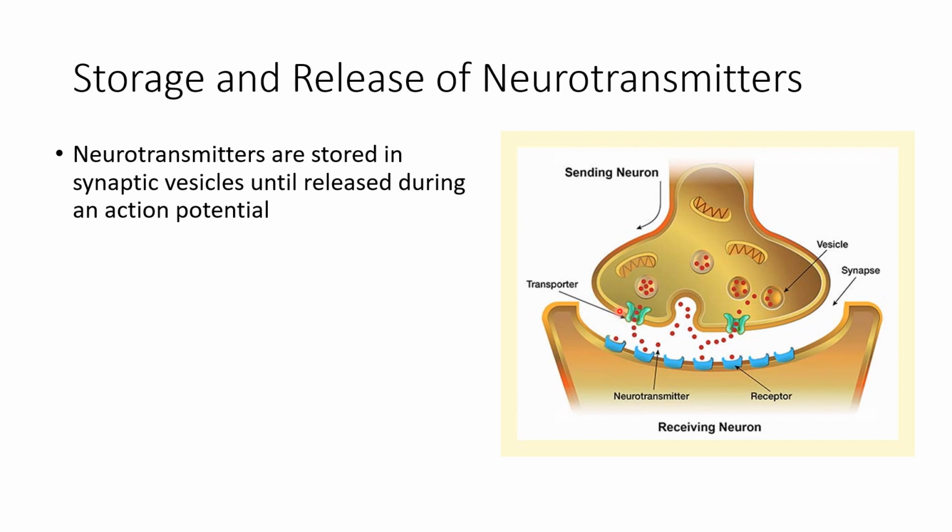They will open and release the neurotransmitter into the synapse here, the gap between the neurons. And then from there, if things are working as they should, there are receptor sites on the receiving neuron. And the neurotransmitter will bind to these receptor sites and then activate activity in the receiving neuron.